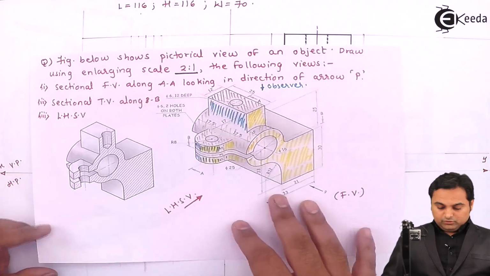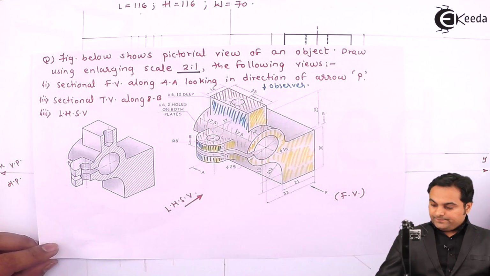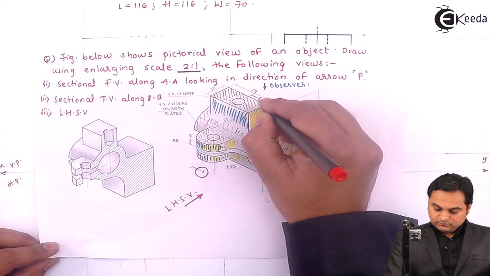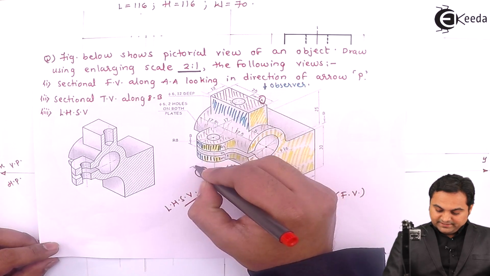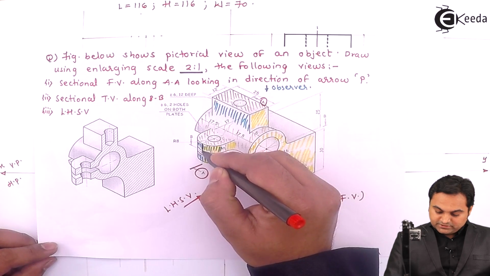Now going for the sectional front view, and section is along AA, means this is the line about which the object is cut.